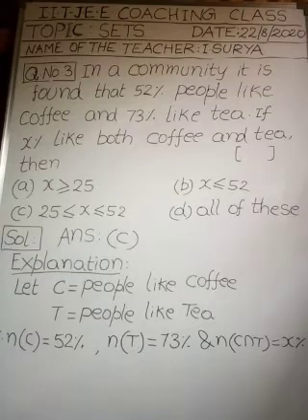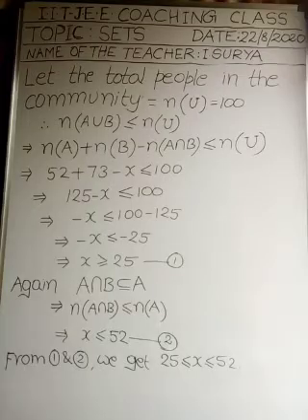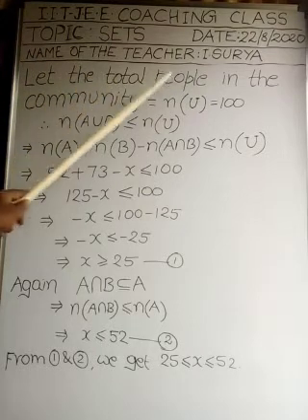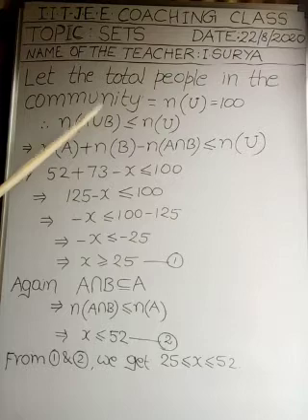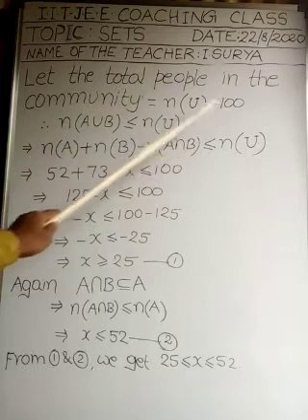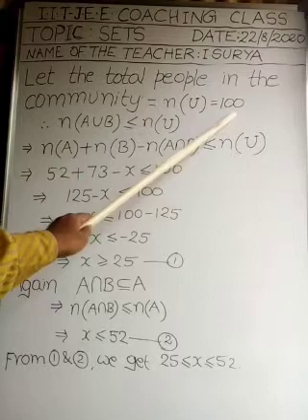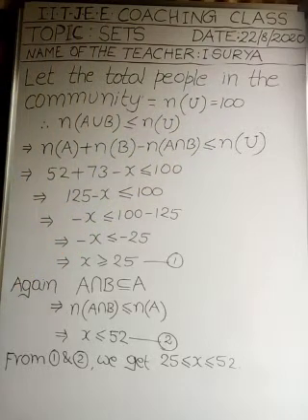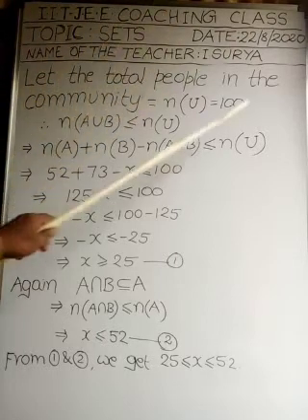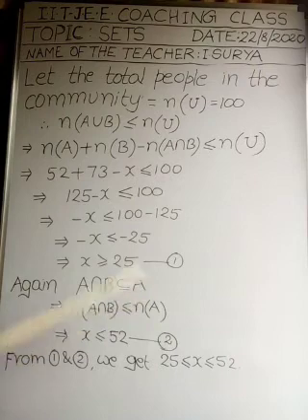Right. For our convenience, let us assume that the total number of people in the community is equal to 100. That is, n of universal set is equal to 100 because the percentages are given here. That is why, for easy calculation, we are taking the total number of people in the community as 100. Okay, my children.